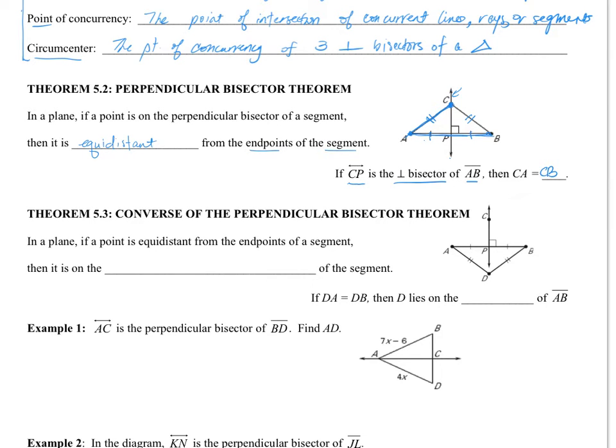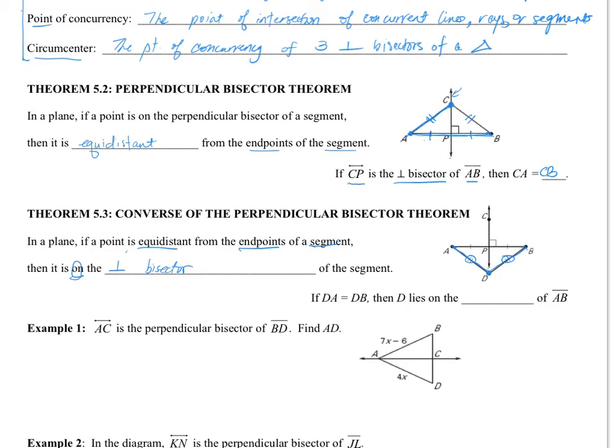Theorem 5.3, the converse of the perpendicular bisector theorem, is the exact opposite of Theorem 5.2. In a plane, if a point, so we're talking about point D here, is equidistant from the endpoints of a segment, so we're talking about this part, DA is equal to DB, so A and B are the endpoints of the segment AB, then it lies on the perpendicular bisector of the segment.